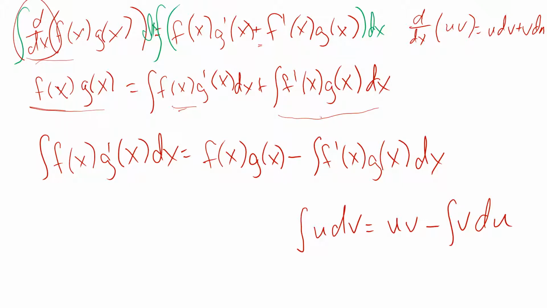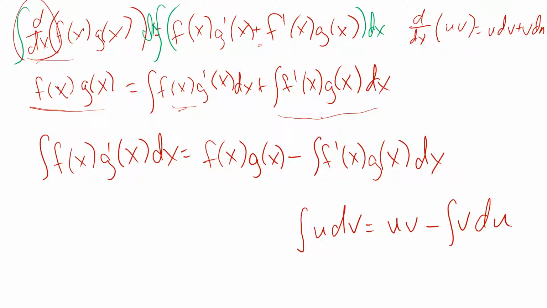And so to solve problems with these, we are going to find u and dv, and then we can find the other one, and then plug it into the formula. It's going to look a lot like the product and quotient rule because we'll be using the u's and the v's.